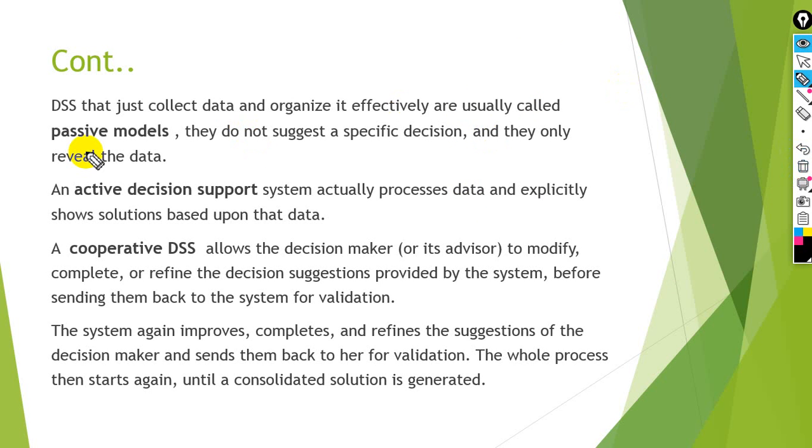A DSS that just collects data and organizes it effectively is usually called a passive model. They do not suggest a specific decision and they only reveal the data. It means these types of DSS are just storing the data, collecting the data, then storing and organizing it for the business.